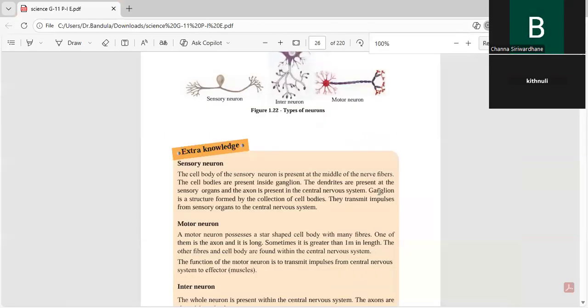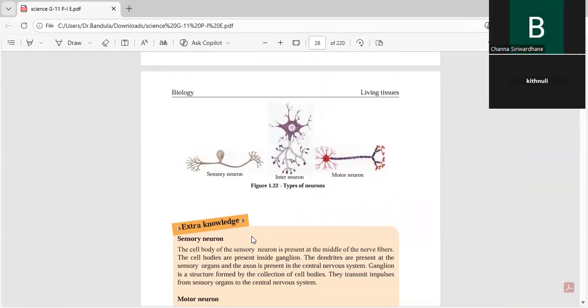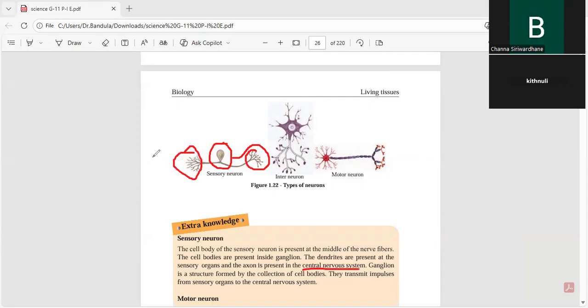Right. Dendrites are present at the sensory organs, like the skin and the eye we mentioned. And the axon is present in the central nervous system. Central nervous system means it can be spinal cord or brain. Now if I draw here, this one is inside the ganglion. That part enters the central nervous system, and connects to the skin there. It is a bit complex, but not huge things.